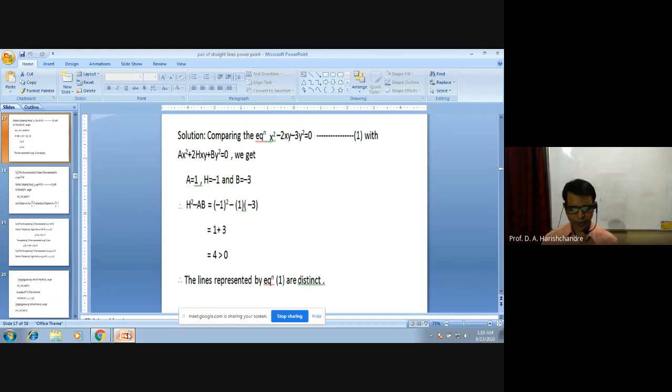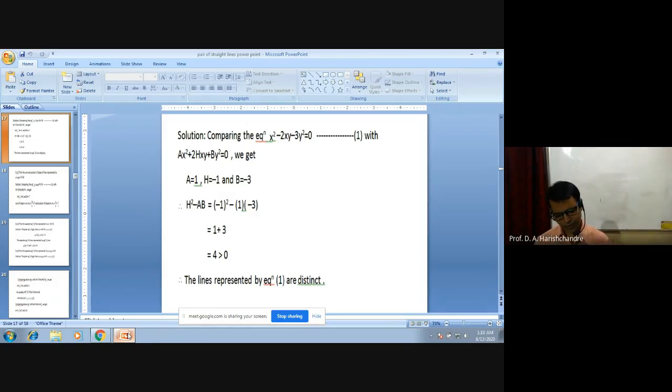From that you can obtain the value of h square minus ab, which is the discriminant. Replace h as minus 1, a as 1 and b as minus 3. So you get minus 1 square minus 1 into minus 3. Minus 1 square is plus 1, minus 1 into minus 3 gives plus 3, and 1 plus 3 is 4.